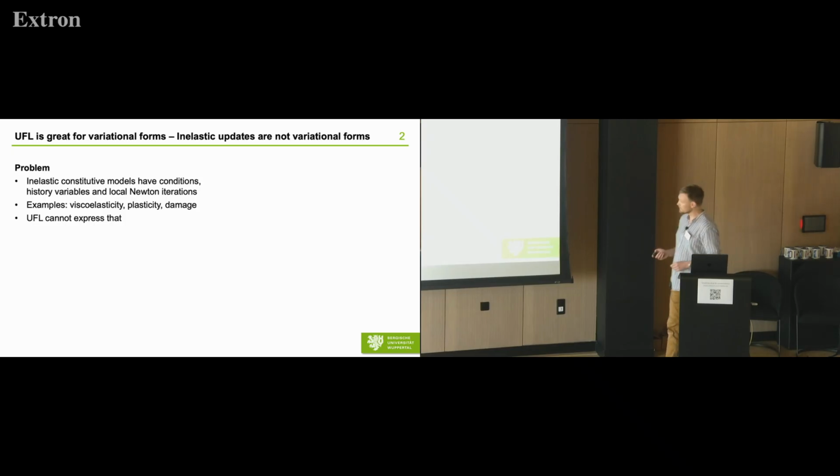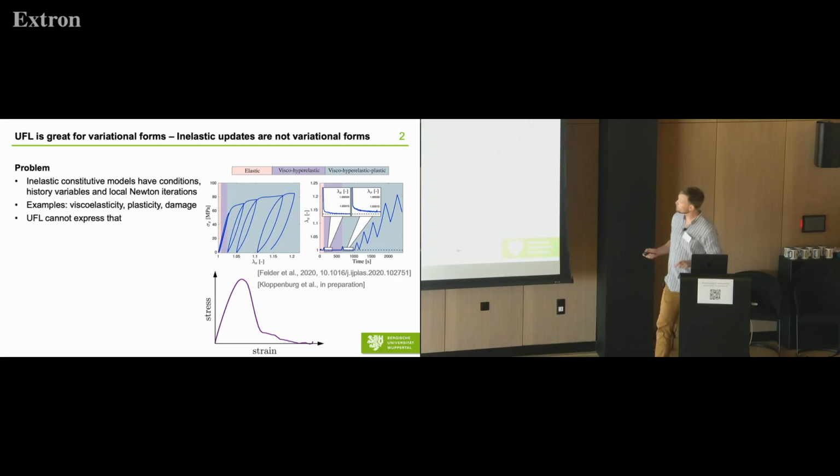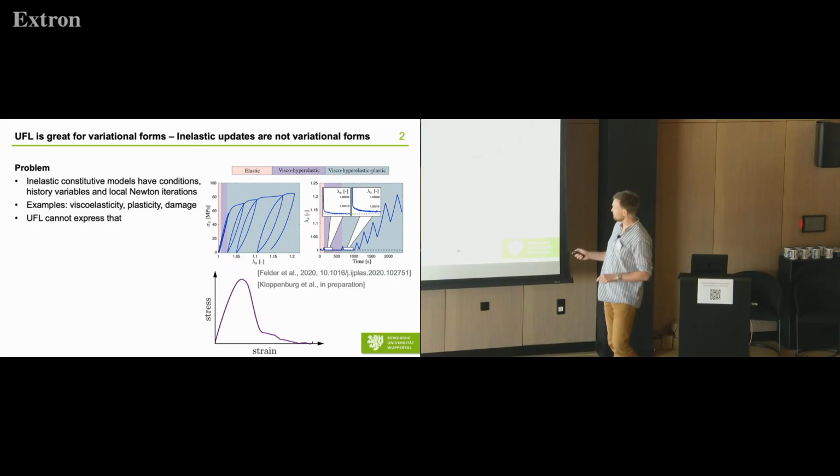To show you some examples of that material behavior, here on top we have a stretch curve of PA6, so nylon. We have a very small elastic regime. Then you have a viscoelastic regime, so you can already see some hysteresis in there.